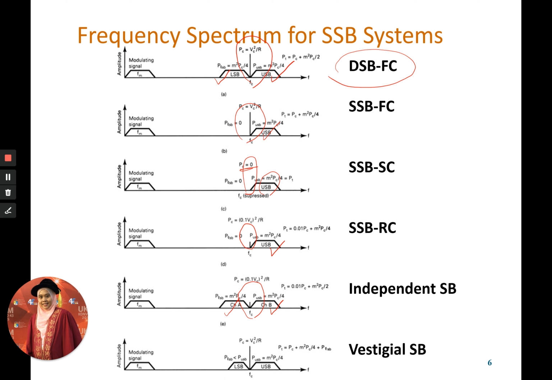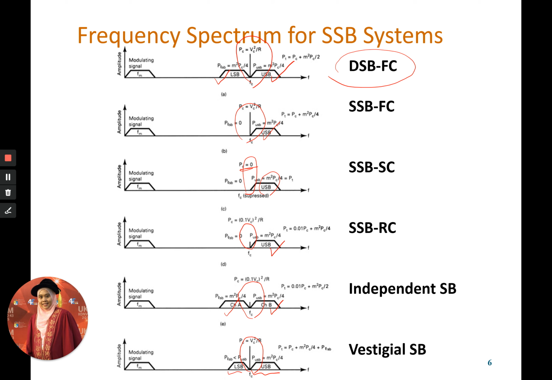Okay, so on the vestigial sideband, it has both sidebands, lower and upper, and it also has quite high power on the carrier. But the lower and upper sidebands have a different range or band. If you see over here, the length of the frequency range on the upper side is longer than the one on the lower side.